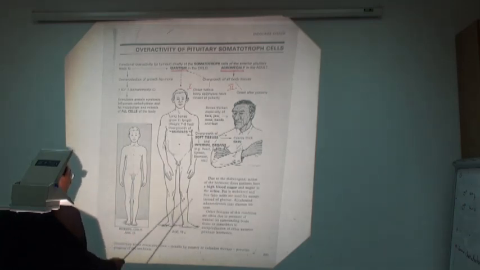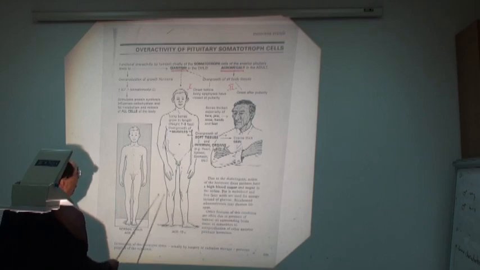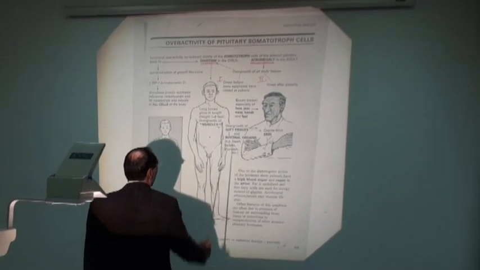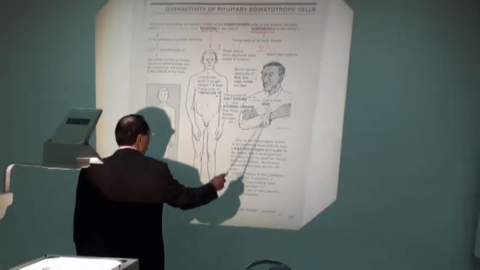But if the over-secretion occurs after being adult, this produces acromegaly.